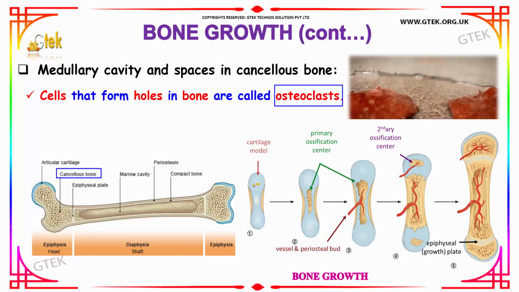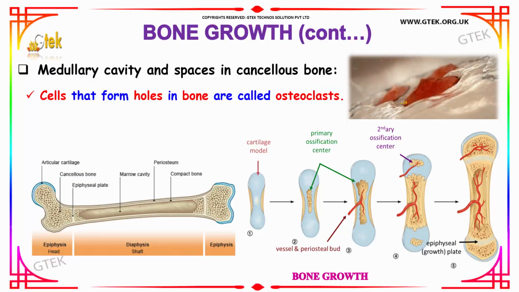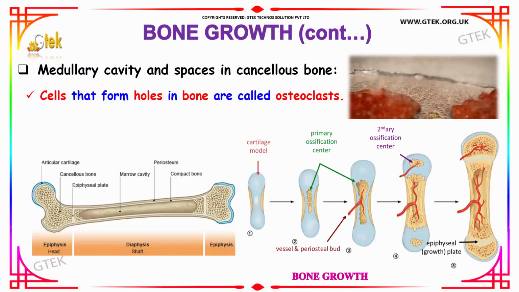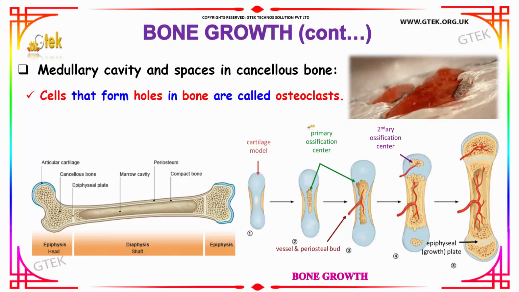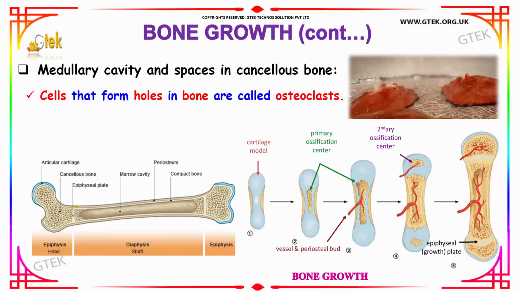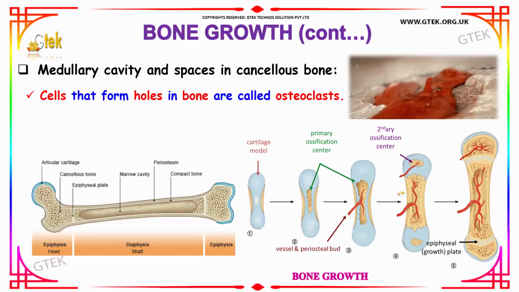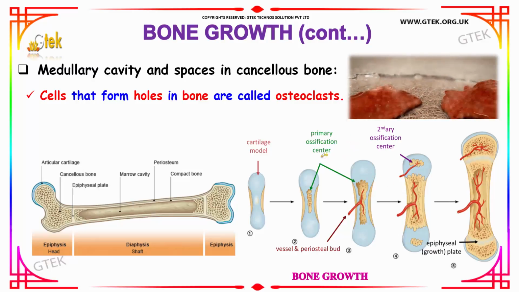Your osteoclasts are nothing but a large multinucleate bone cell which absorbs the bone during growth and healing. So as you can see, your osteoclasts will help in the bone growth and they form holes in the bone. So this is your final stage.